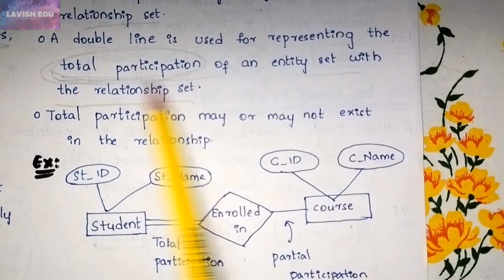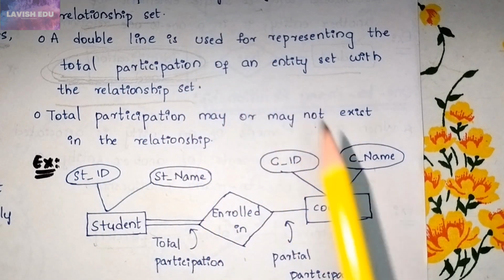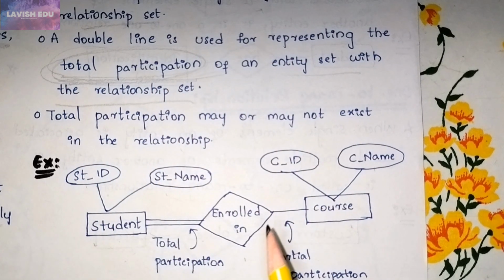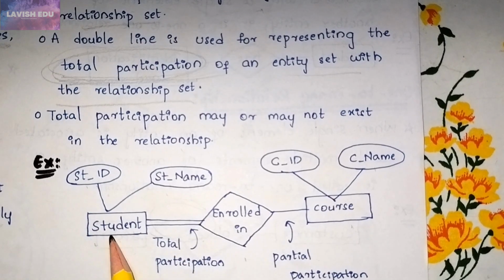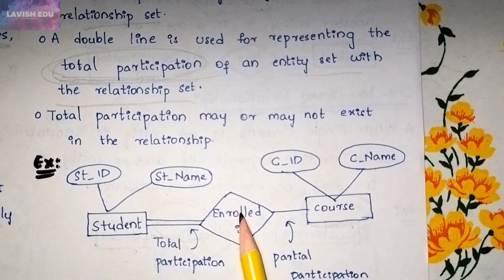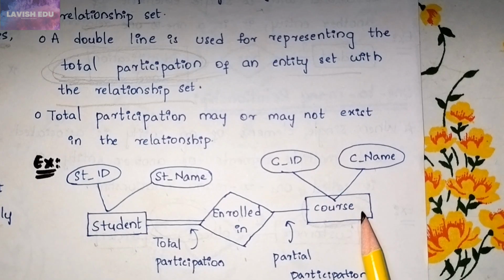As we saw above, a double line is used for representing total participation, whereas a single line is used for partial participation. The double line represents total participation, that is, a student should participate in at least one course. A student should enroll in at least one course, but the enrollment can be in any course. Understood? A student should enroll in a course, but the enrollment can be in any course.